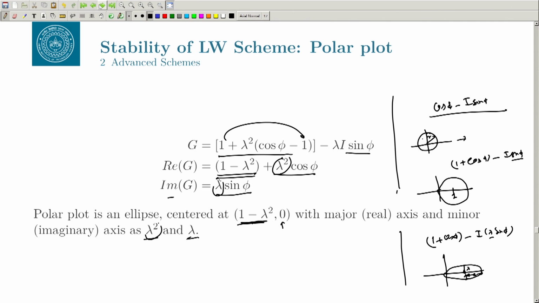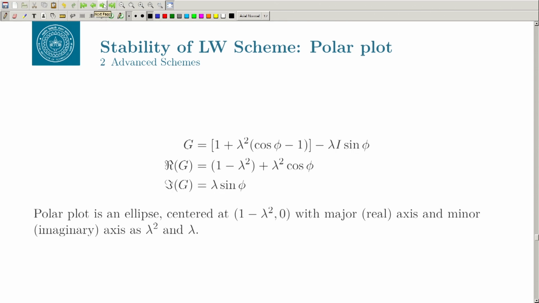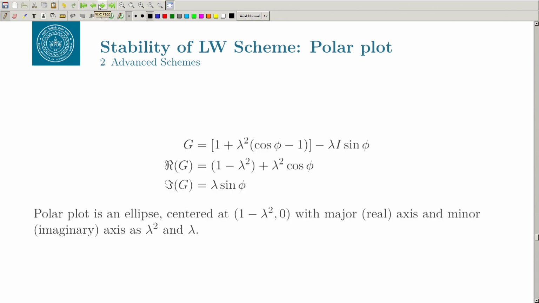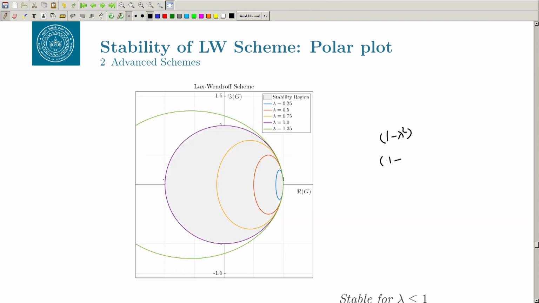So, you can go ahead and plot this. Okay, I think I have plotted it here. So, once again I have something centered at 1 minus lambda square, radius is, just let me see, lambda square, the right hand side is lambda square, this is the real axis, okay, and the imaginary axis is just lambda, okay.